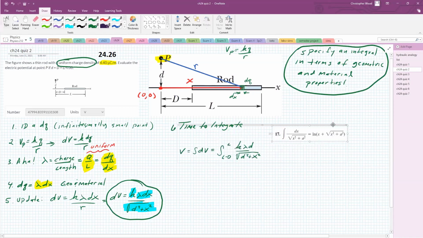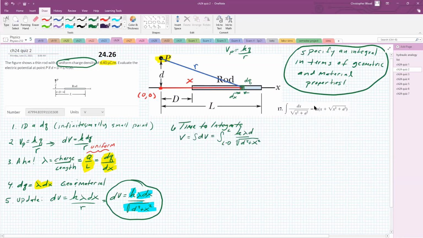And use it. So this is my integral. The voltage at point P is going to equal, well, apparently when I solve this integral, I'm going to bring out the constants first. K is a constant. Lambda is a constant. And I erase that dx.